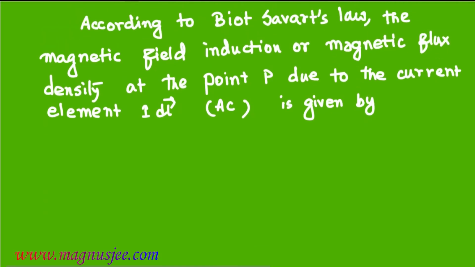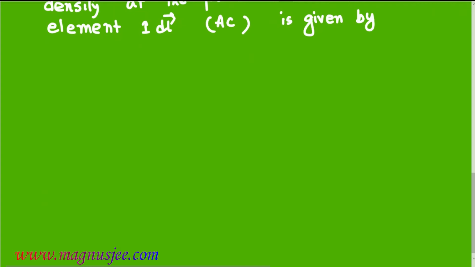B is the magnetic field induction and dB is a small amount of magnetic field induction.